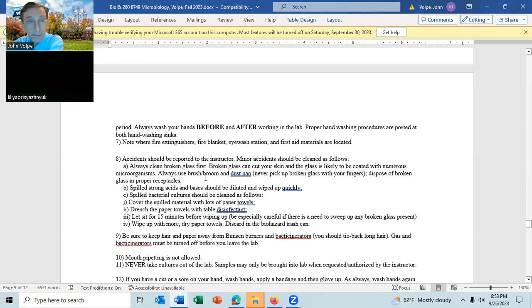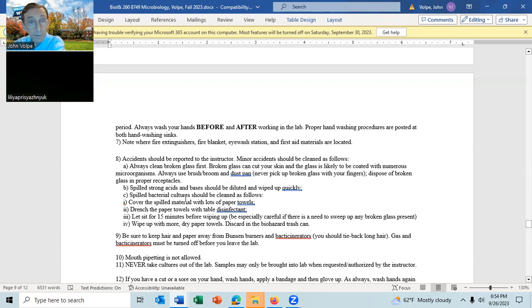Dispose of broken glass in the broken glass receptacle. We put broken glass in a separate location in the lab, in a container that says broken glass. Spilled strong acids and bases should be diluted and neutralized, and then wiped up. We don't really use strong acids and bases in the lab.